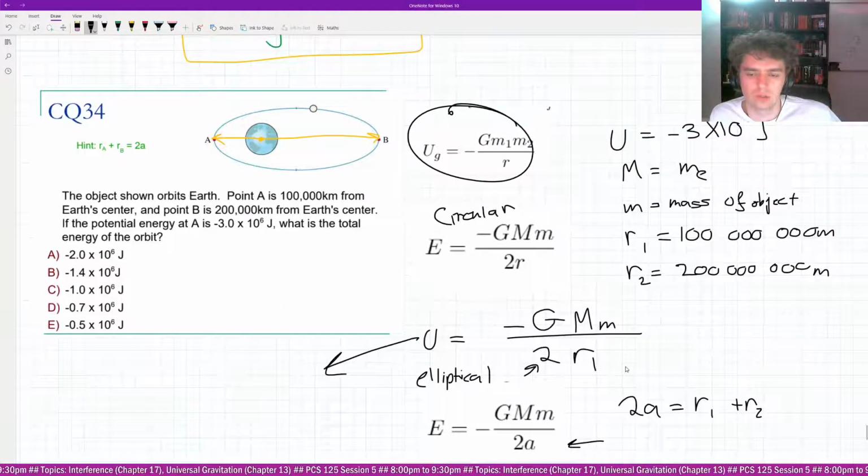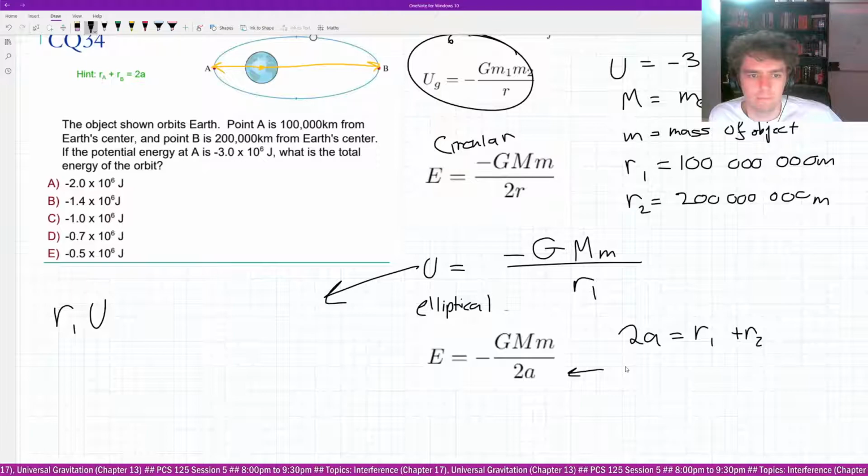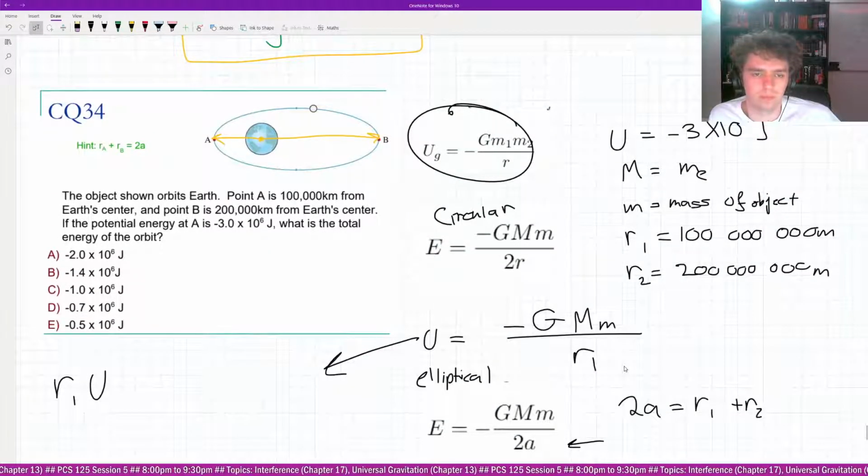Excuse me, I have an idea too. Can you just divide it by 4? Would you divide what we have by 4? Why? If the radius is increasing by 2, it's 1 over r squared, so the whole thing will be divided by 4. I just use the regular potential energy, like circular, for A, and then just use the E one.